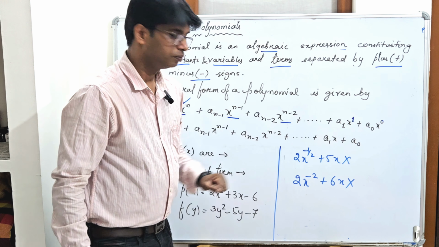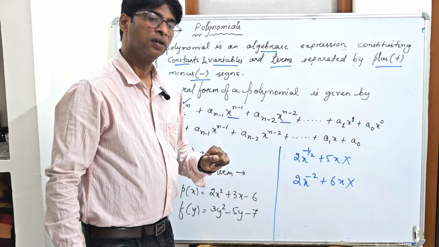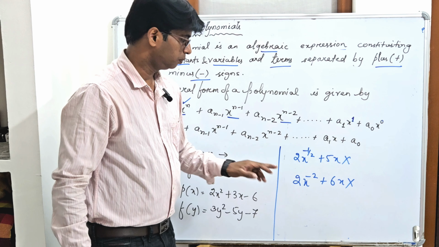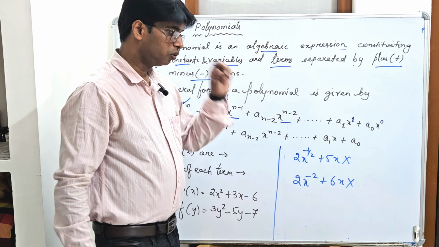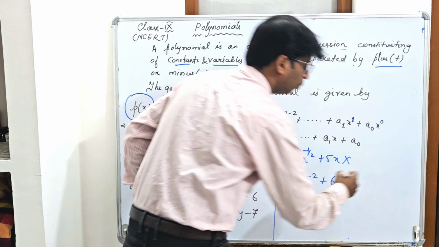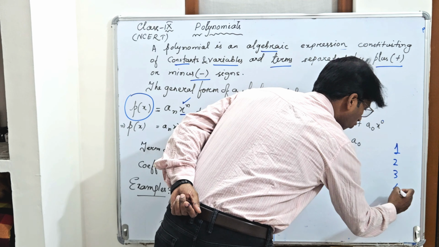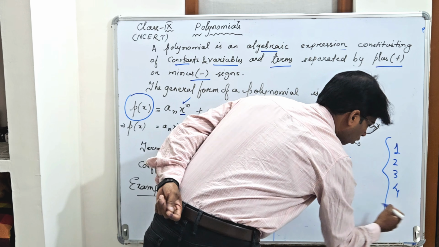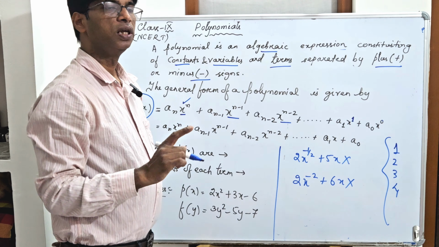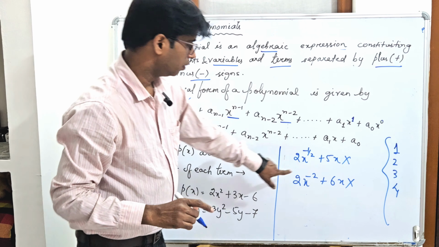A rational number. You cannot accept the power as a rational number. You have to always think of non-negative integers only, like 1, 2, 3, 4, 5. This would be the power of the variables. It will never be 1 by 2 or minus 3 by 2. These powers will never be written as the power of the variable.